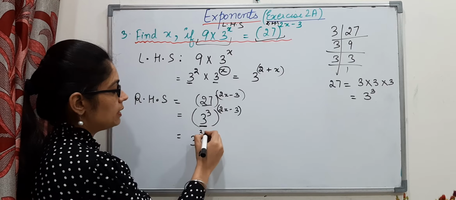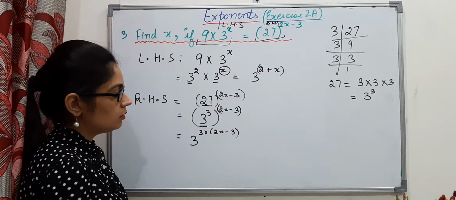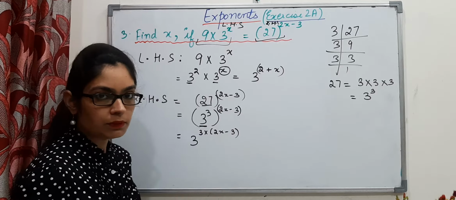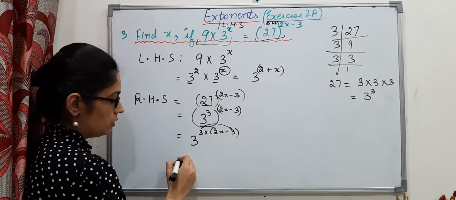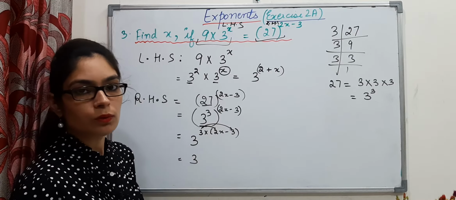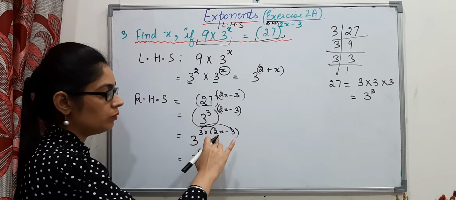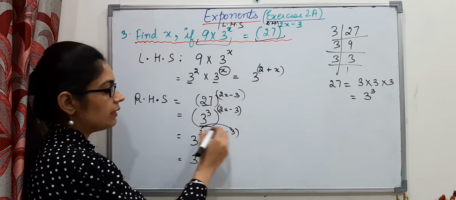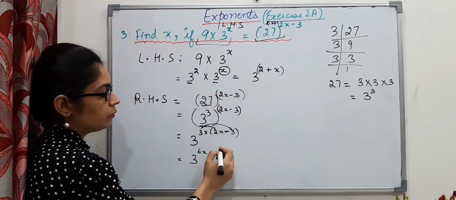So we'll just multiply 3 into 2x minus 3. Since these are two terms, this 3 will get multiplied with 2 also and with this 3 also. So it will be 3 into 2x, 3 into 2 is 6, x as it is we will write. 3 into 3, this minus sign as it is we have to write. 3 into 3 is 9.